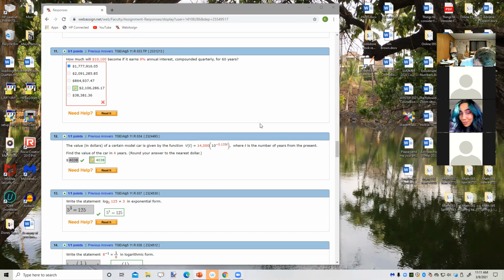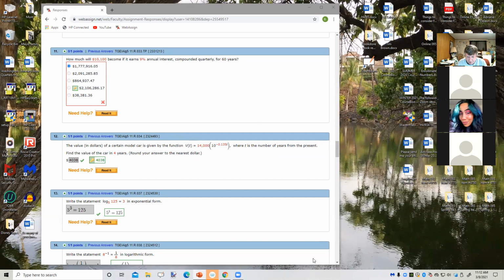So A equals P times (1 plus R over K) to the KT power. P is $10,100. R is 9% or 0.09. K is 4, compounded quarterly, and T is 60 years.